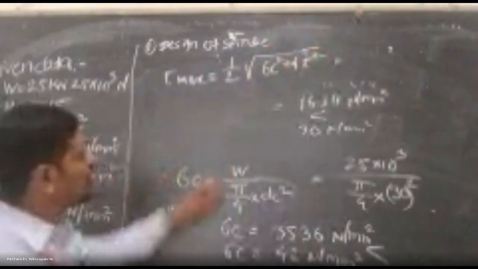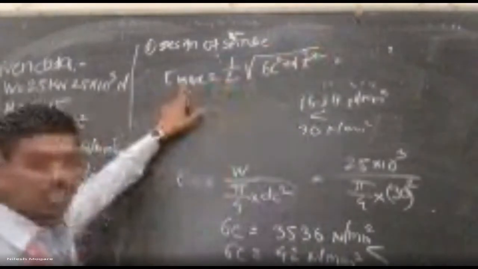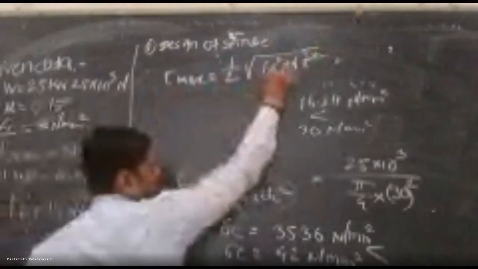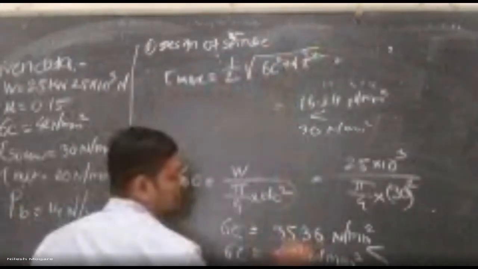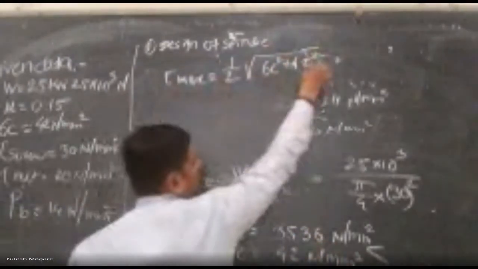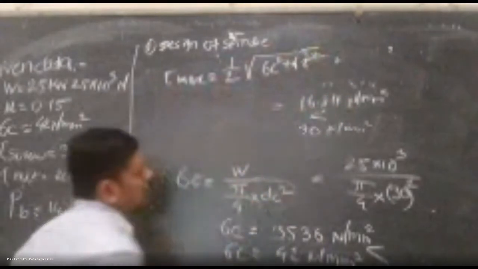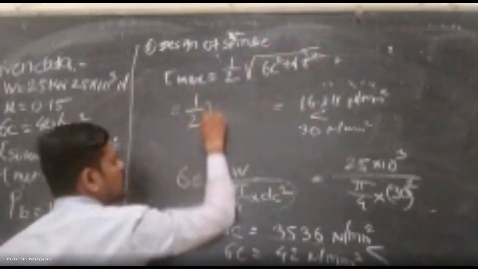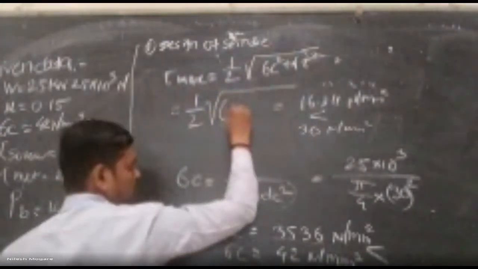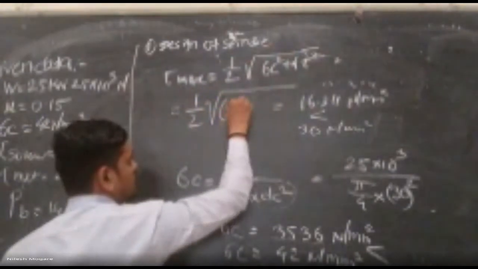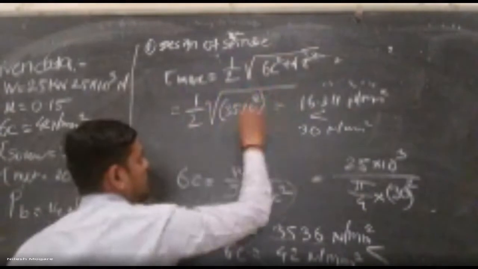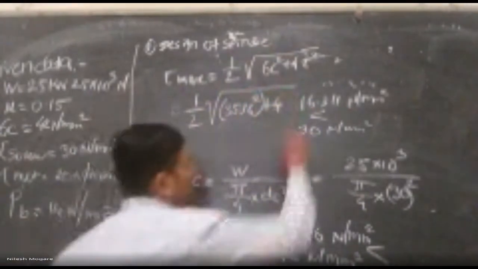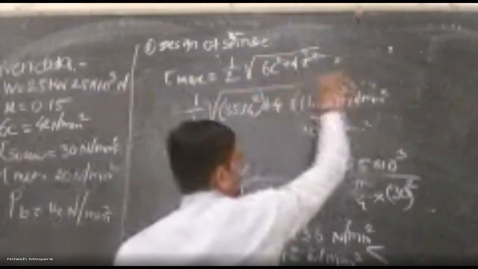This is the formula for calculating maximum shear stress. Now put the value of sigma c as 35.36 and tau as 16.311, is equals to half under root 35.36 square plus 4 into tau square.